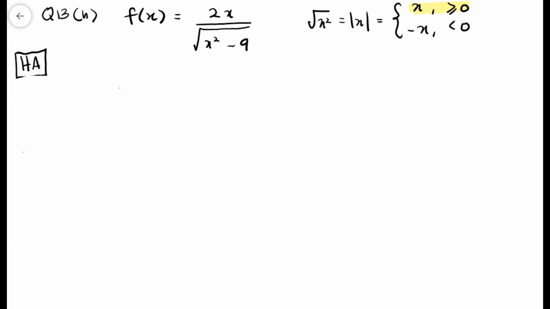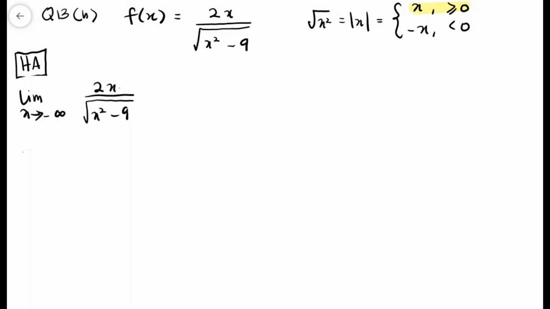Okay, so last part, we already tried to find the limit as x approaches positive infinity and we ended up with y equal to 2 as the horizontal asymptote. So now we need to find the limit as x approaches negative infinity for the function 2x over sqrt(x square minus 9).